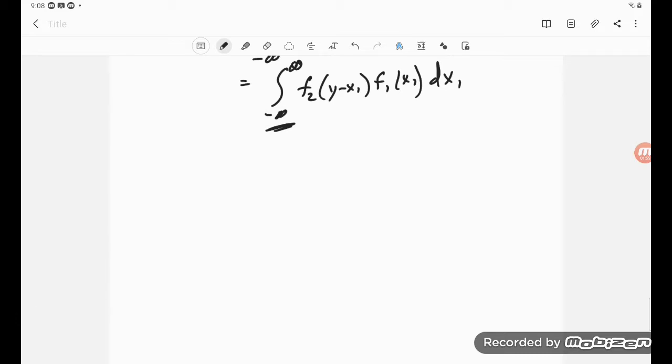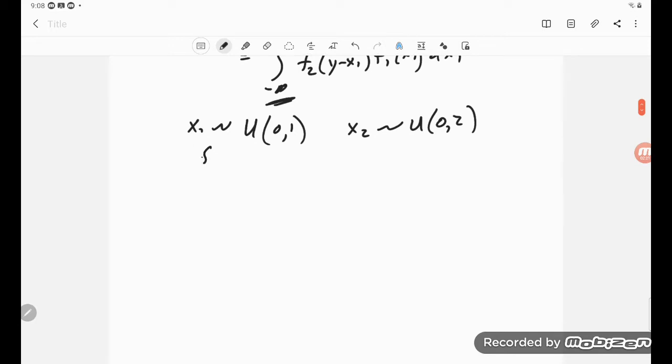In this example, we're told that x1 is distributed as a uniform 0, 1 variable, and x2 independent is distributed as a uniform 0, 2 variable, and so that means f1 equals 1 on 0 less than x1 less than 1, and f2 equals 1/2 on 0 less than or equal to x2 less than or equal to 2.